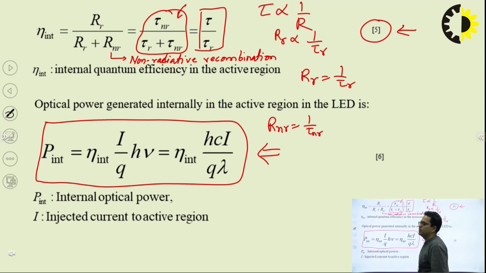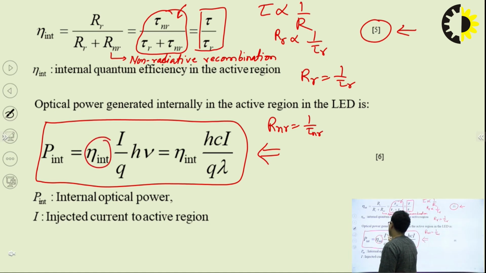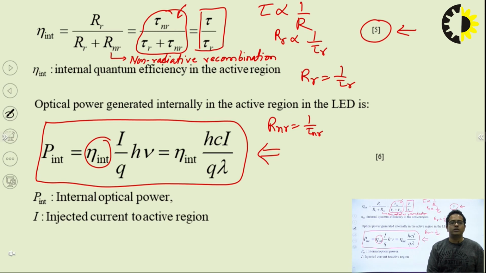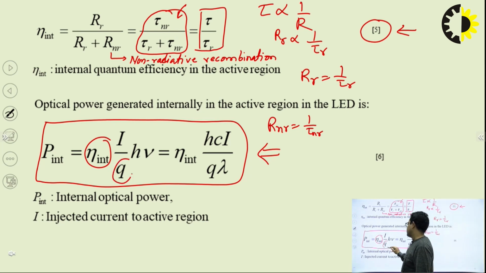Here eta internal is the internal quantum efficiency, I by Q, where I is the current flowing because of the internal electron hole pair recombinations and Q is the charge of the carrier, and H nu is the energy, that's the band gap energy.